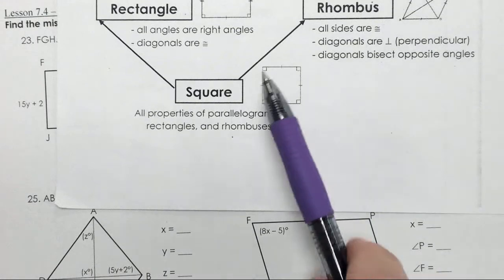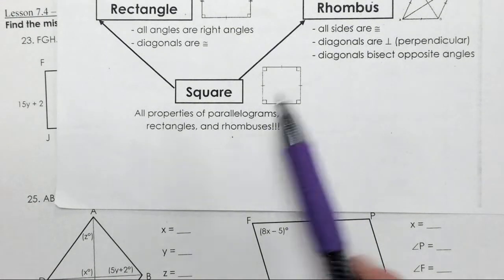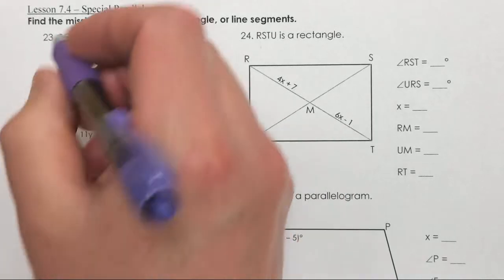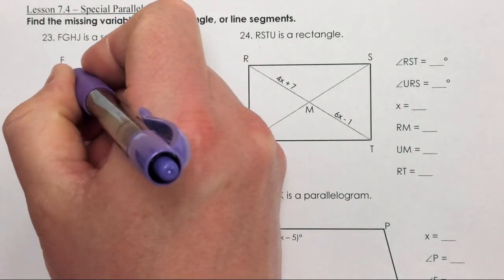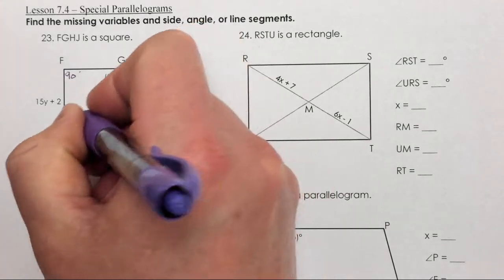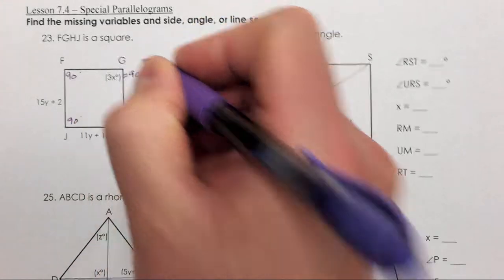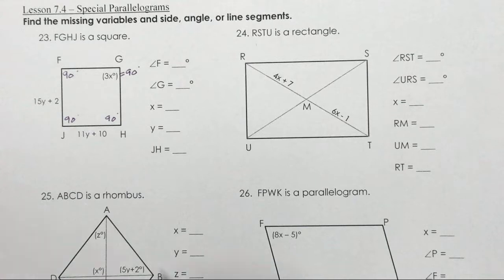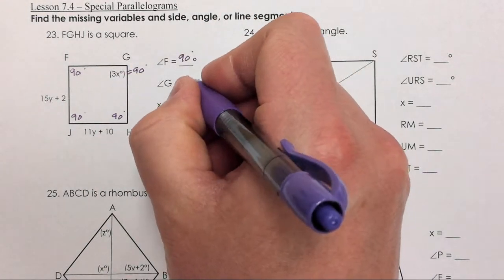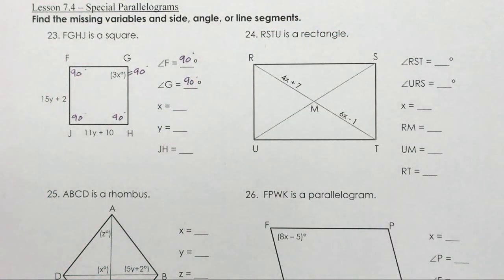And that's even in the picture here, right? Right angle, right angle, right angle, right angle. That's what I really need to know here. So angle F, this is a 90-degree angle. All of these are 90-degree angles. I mean, that's the whole point of that one property there. So angle F is going to be 90 degrees. And so is angle G, because that's the property we just talked about.